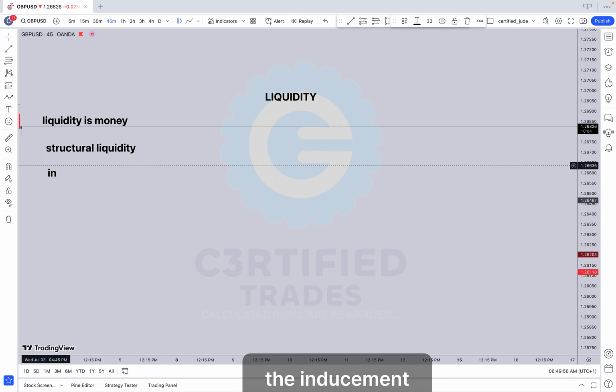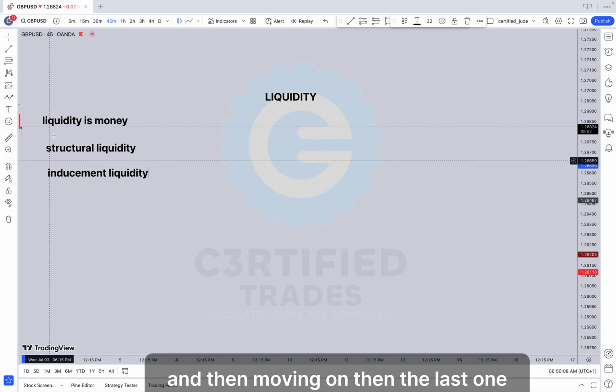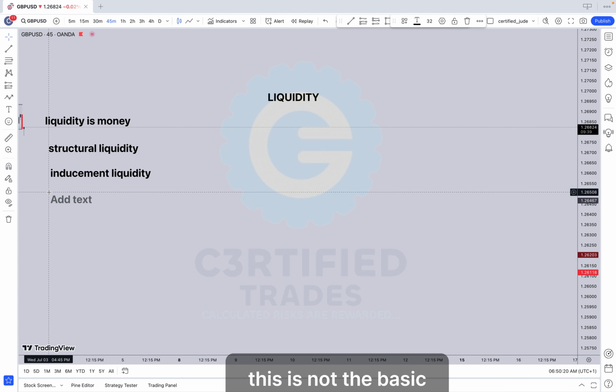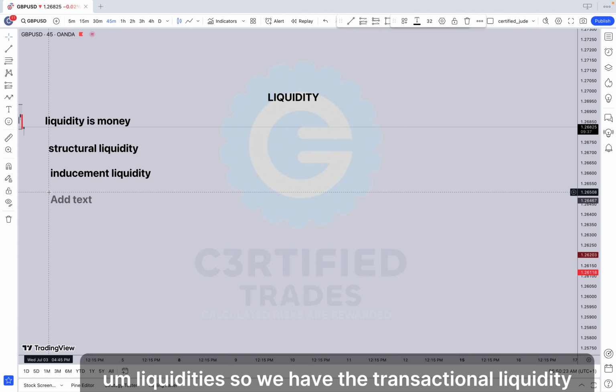Then we have the inducement liquidity, and then the last one, the transactional liquidity. Remember, these are not the basic liquidities. So we have the transactional liquidity.